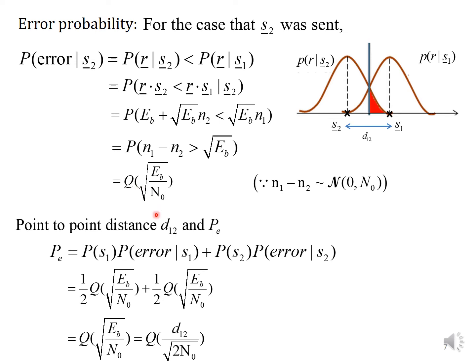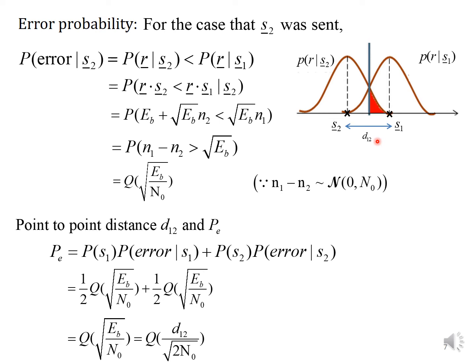So why does this modulation have larger error probability? It is because of the distance, right? The distance of S1 and S2 now becomes the square root of 2.